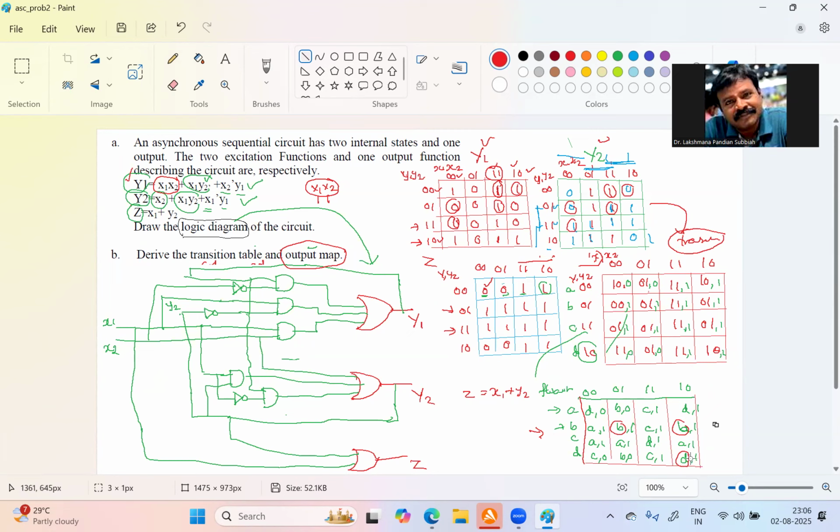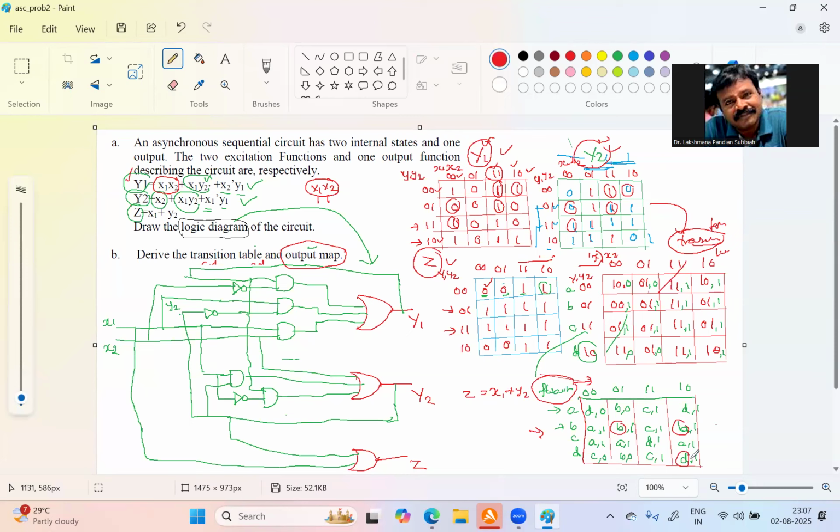Flow table. This is the transition table with the output, right? Transition table with output. This is the output map. This is the excitation map. Excitation 1, excitation 2. So the excitation map. This is the output map. This is the transition table with output. So this is a flow table.